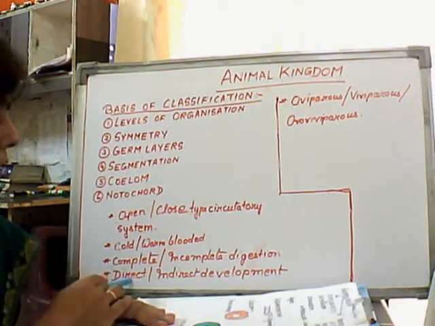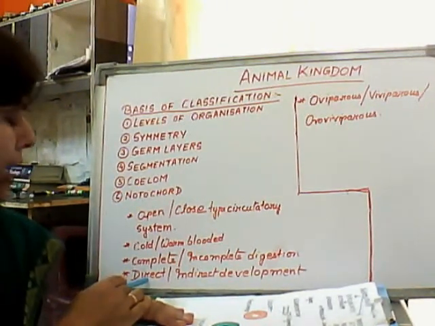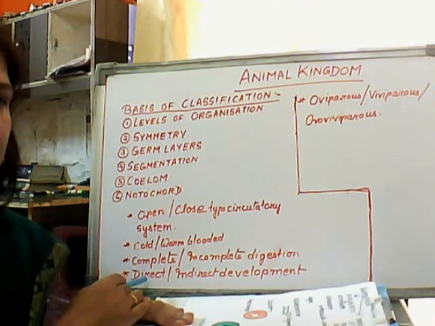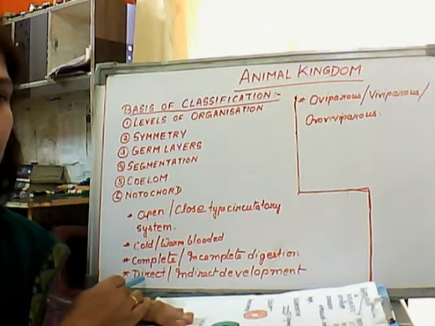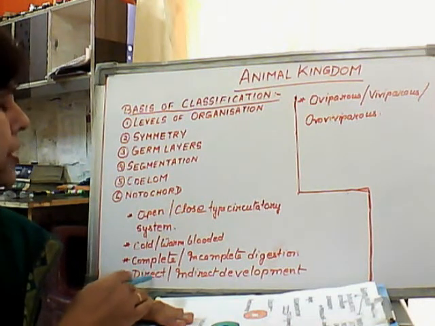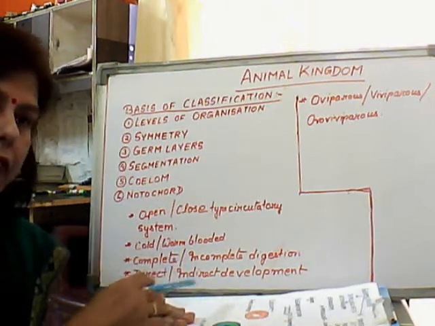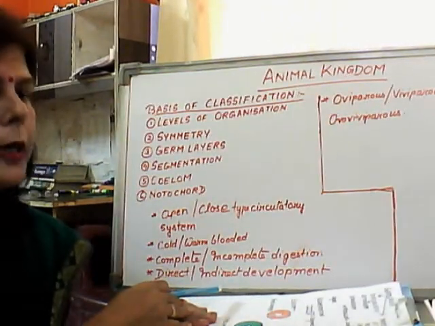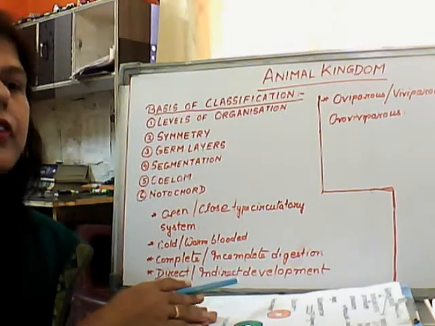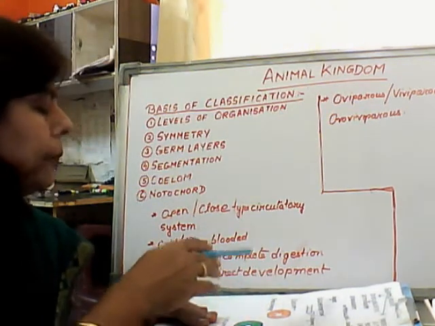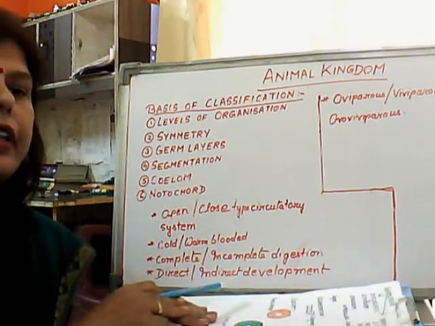Then another term you may come across is direct and indirect development. Direct means what? The example will be the human being. When an individual is born, if that individual is the replica of the adult, it is said to be direct development. But if the individual which is born is not the exact replica of the adult, it is said to be indirect development.